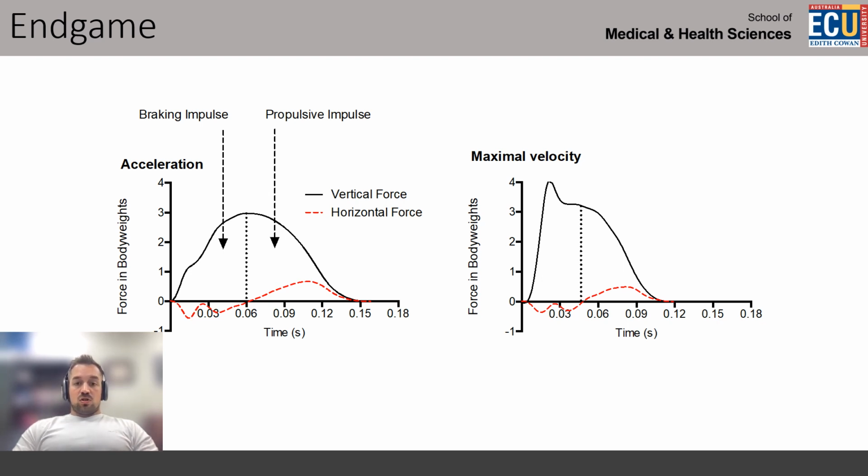The first thing we want to consider is the magnitude of force that is required during those movement tasks. In this example, the athlete is expressing force between 3 to 4 times their body weight on one foot in less than 0.15 up to 0.1 of a second.